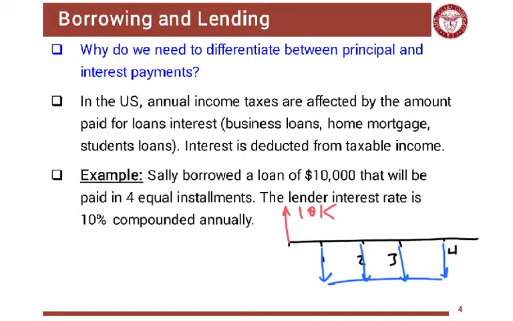So you can see it's an annual uniform series, or 4 equal payments. And now the question is, how much is each one of these payments? How much will Sally pay for each of the following years?